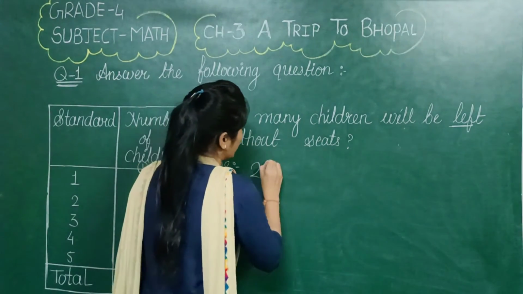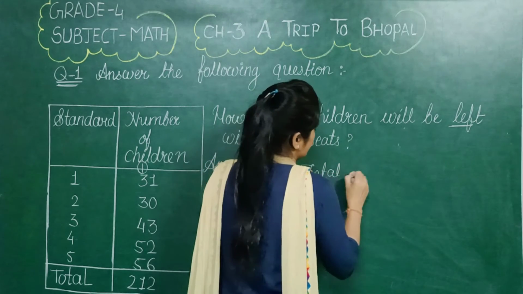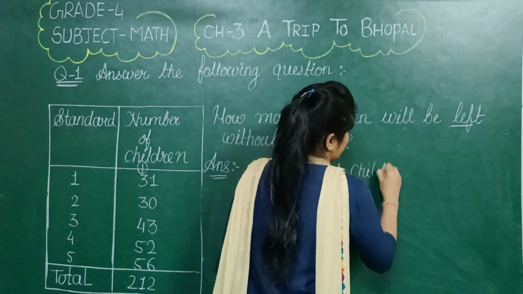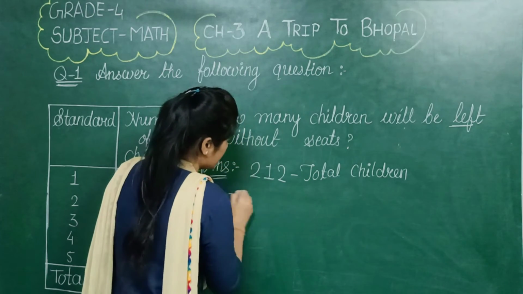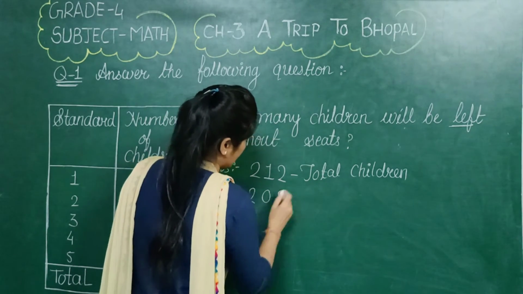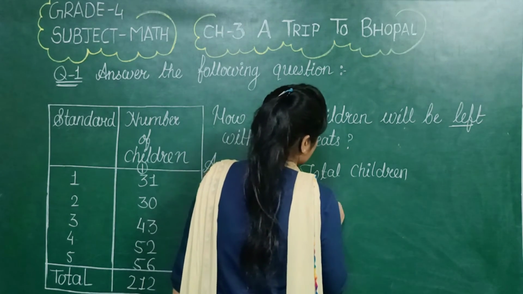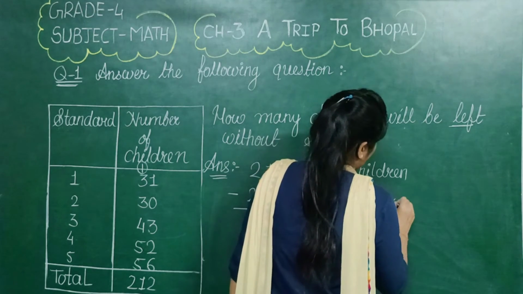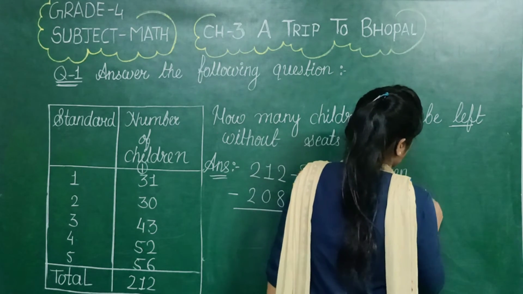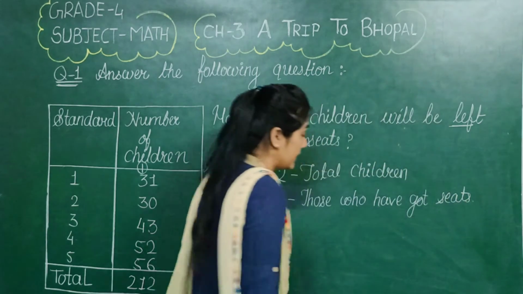So from 212 total children, we are subtracting 208, those who have got the seats, right?